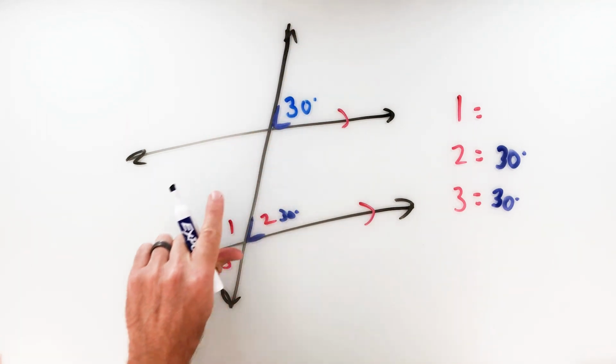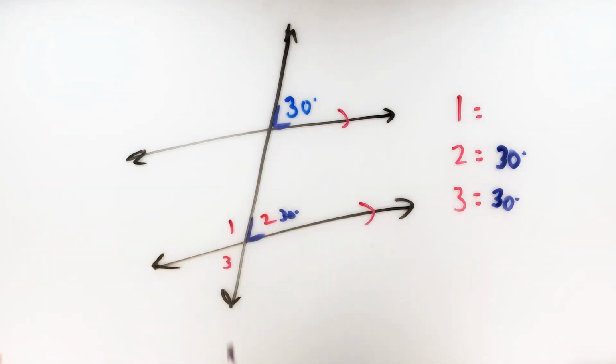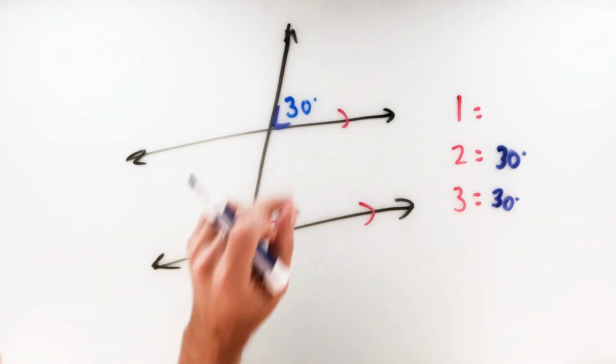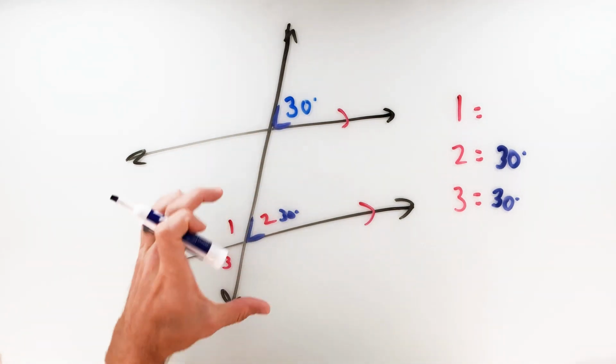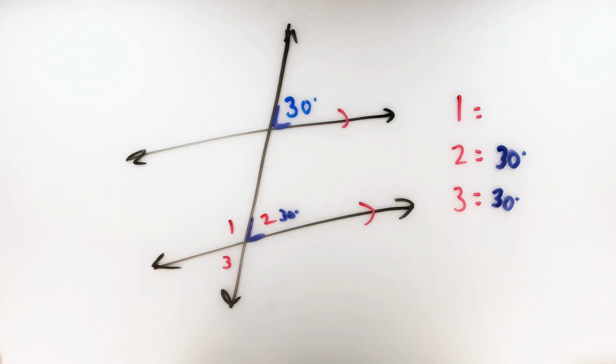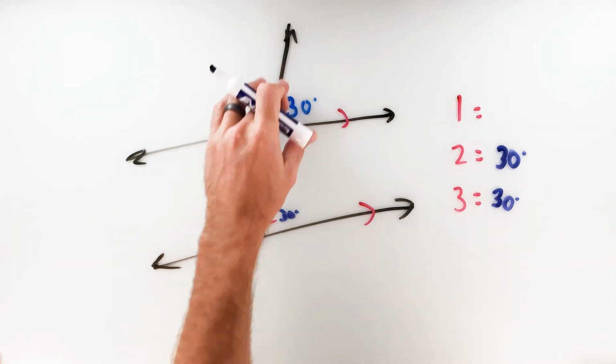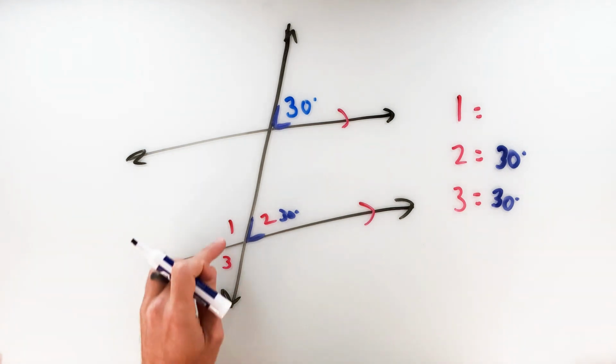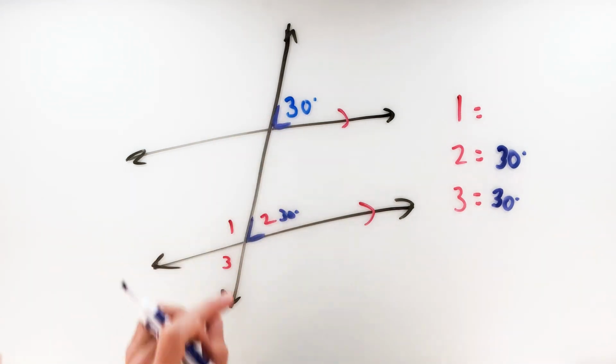I can't slide it down onto angle 1 like I could with angle 2. But the 30-degree angle is exterior and angle 1 is interior. I can't have an interior and an exterior angle unless it's corresponding, and I could slide it down. So I can't classify these two angles as any of those 5 angle types.